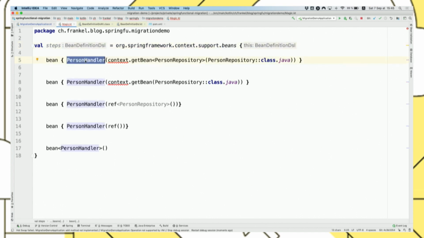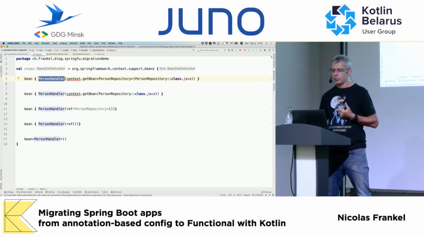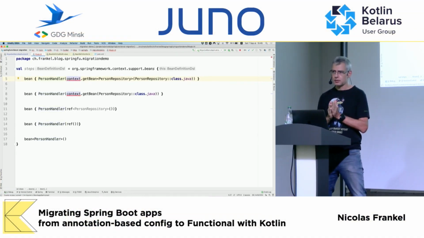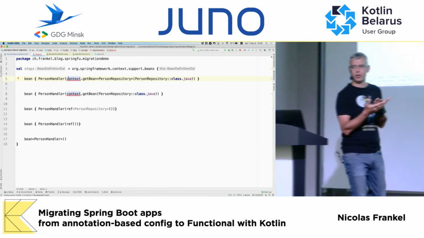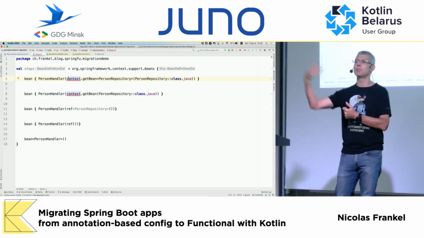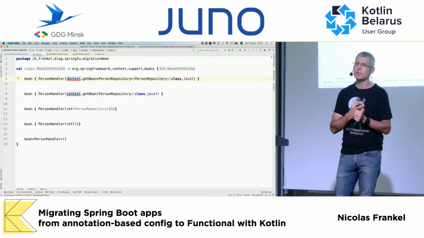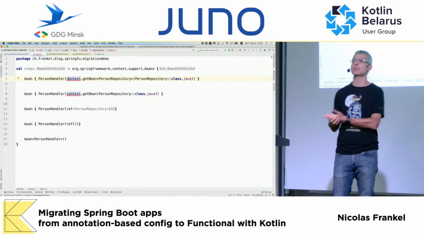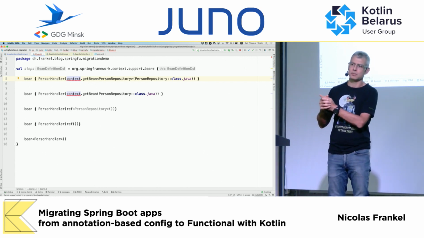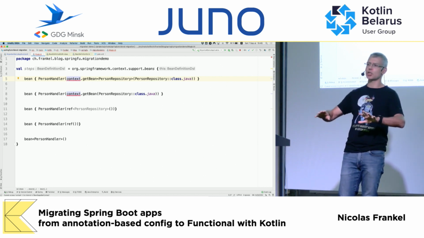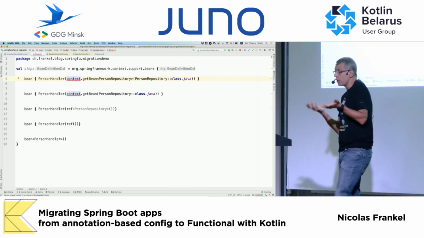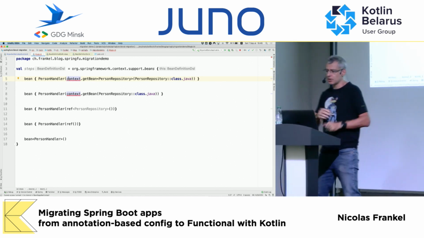And I need to pass the person repository. Normally, you shouldn't do it. Never. But you know that if you have a handle on the context, you can do a context.getBean and pass it either the name of the bean or the class of the bean, or both. Yes? You shouldn't do it. Normally, you should use dependency injection, but you could do it. And a lot of the libraries do it because there is no other way.